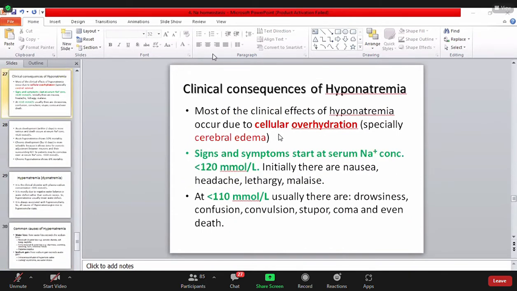Another question is, what are the clinical consequences of hyponatremia, or what are the clinical signs and symptoms? Most of the clinical effects of hyponatremia occur due to cellular overhydration or cerebral edema.